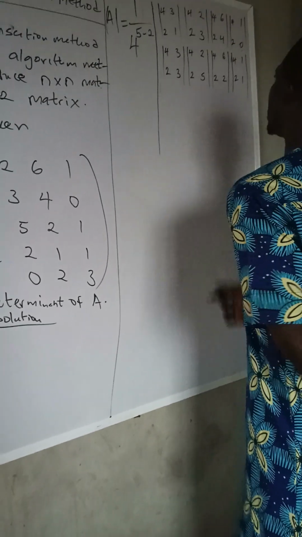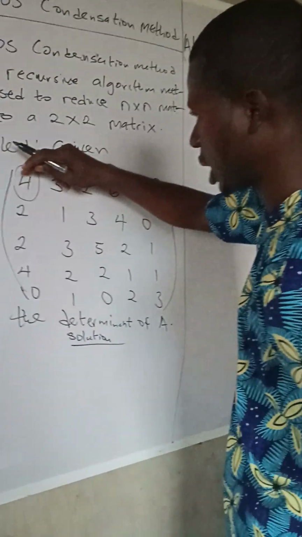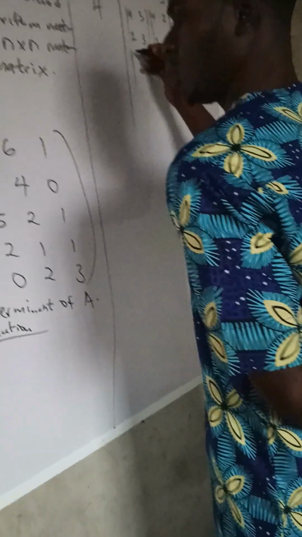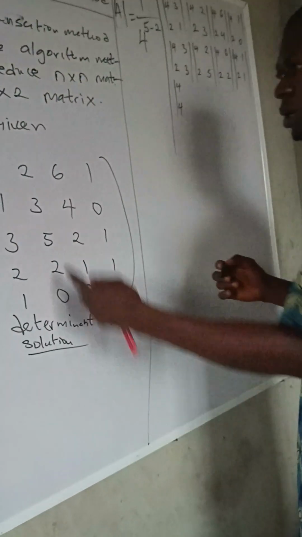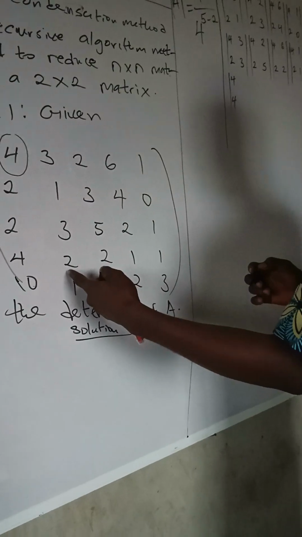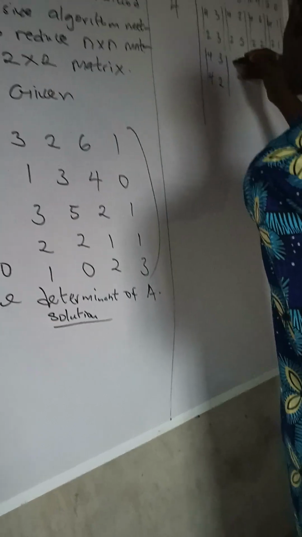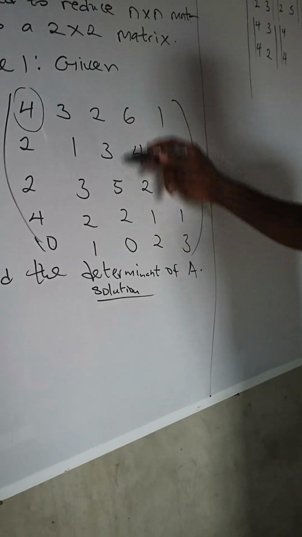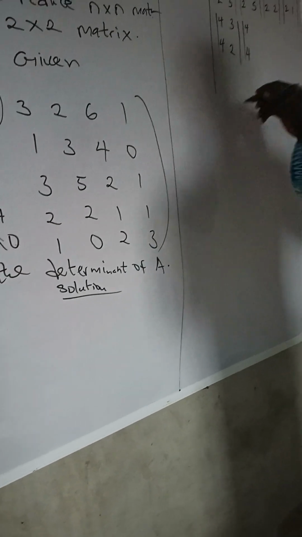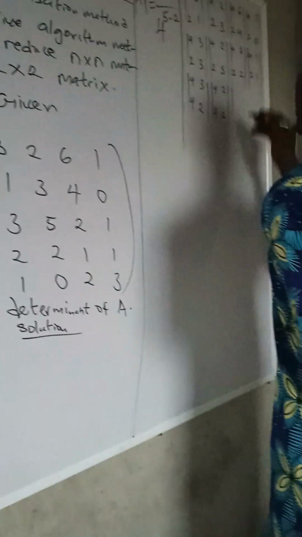All right. We still have the first row and then the fourth row. So we have something like 4, 4 and then 3, 2. You have 4, 4. And then on this third row, we have 2, 2. We have 4, 4.